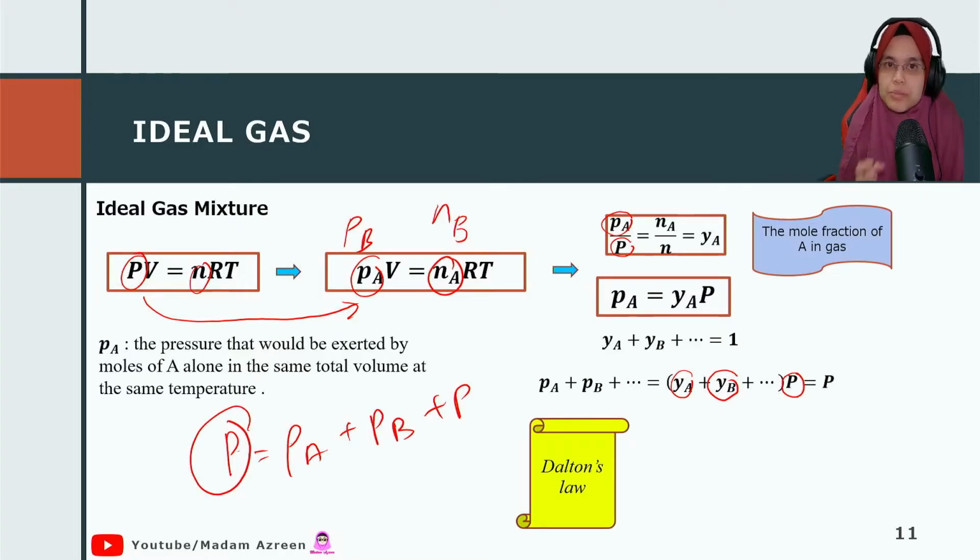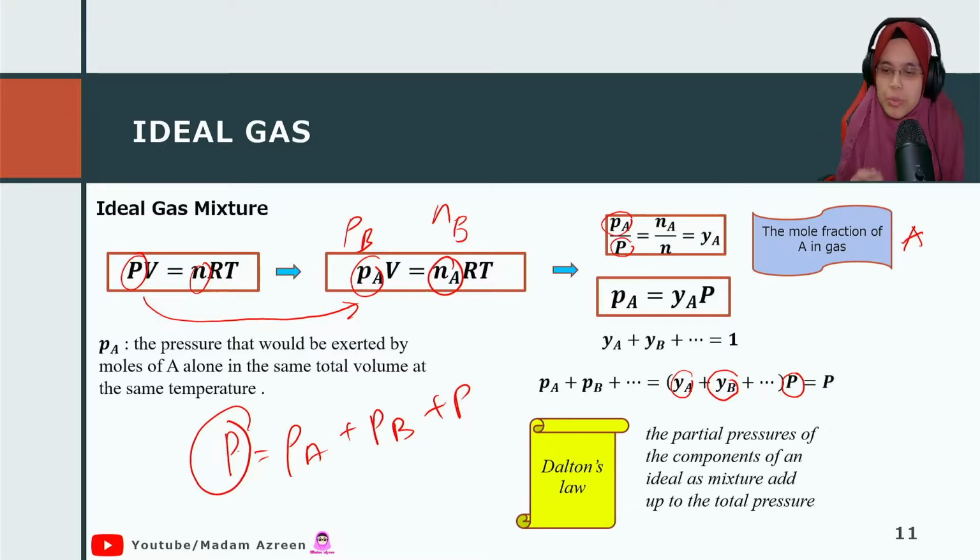And from this partial pressure and total pressure, you can determine a mole fraction of A. It is called Dalton's law, where the partial pressure of a component of an ideal gas mixture adds up to the total pressure. So meaning to say, if you sum up all the partial pressures, it will be equal to the total pressure.